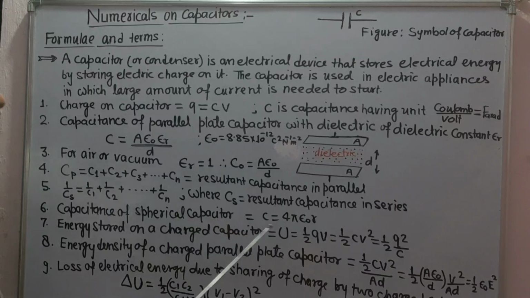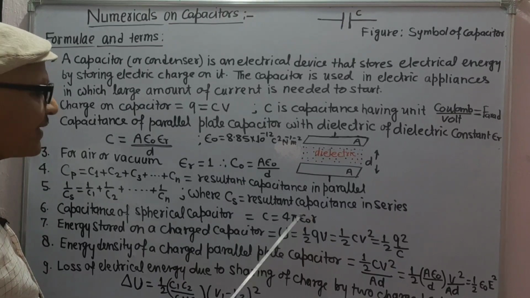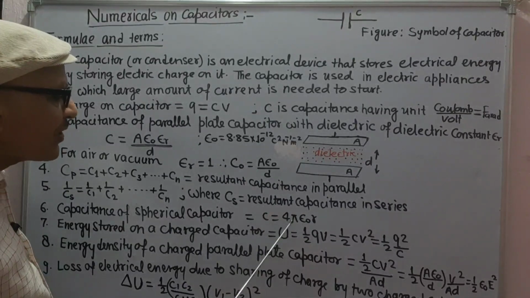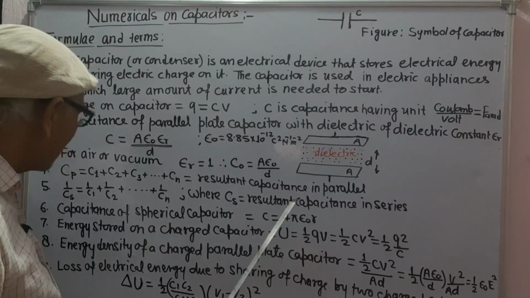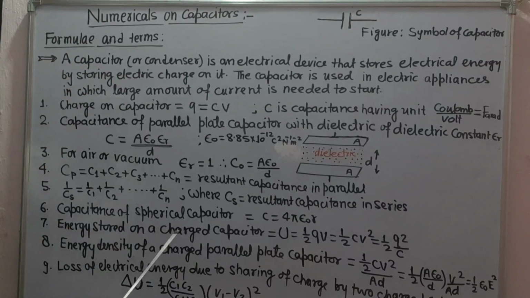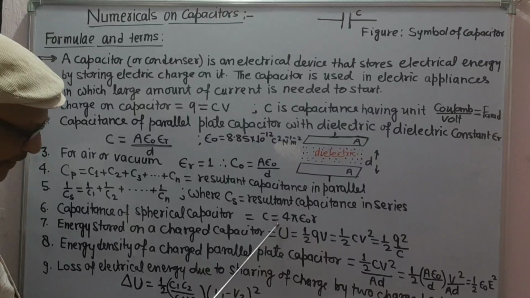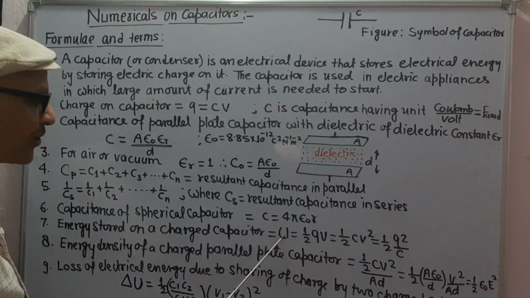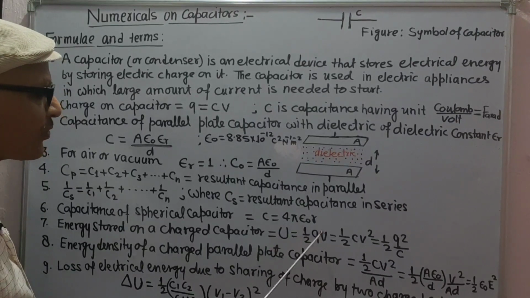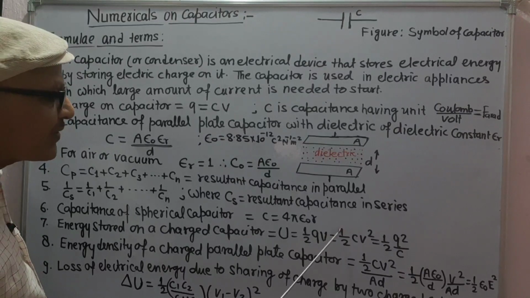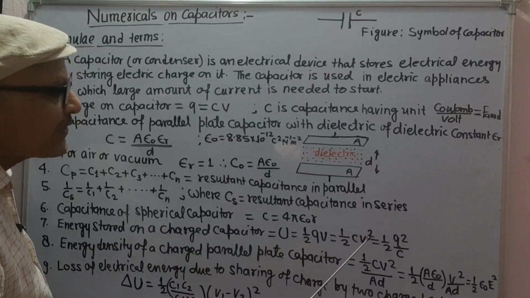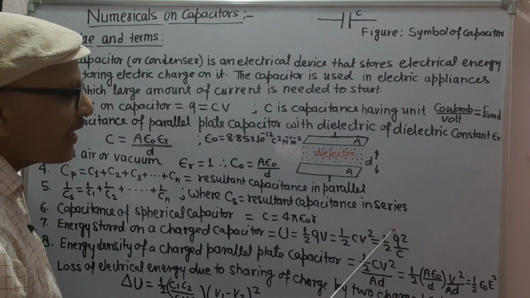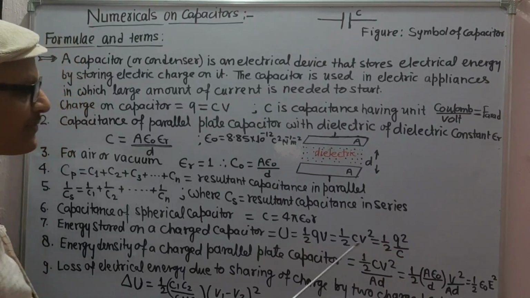Capacitance of a spherical capacitor of radius r is given by C is equal to 4 pi epsilon naught into r. Energy stored on a charged capacitor is denoted by capital U and is equal to half Q into V, which may be written as half CV square, which is also equal to half Q square upon C.